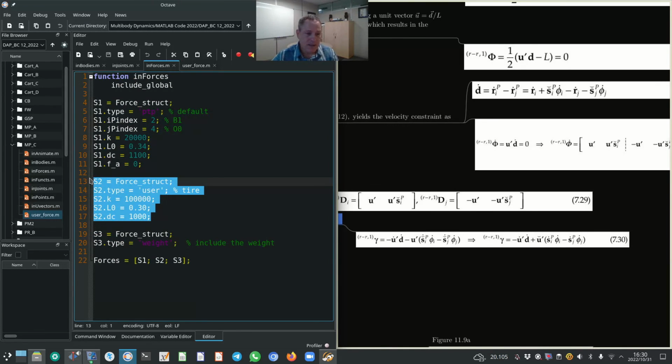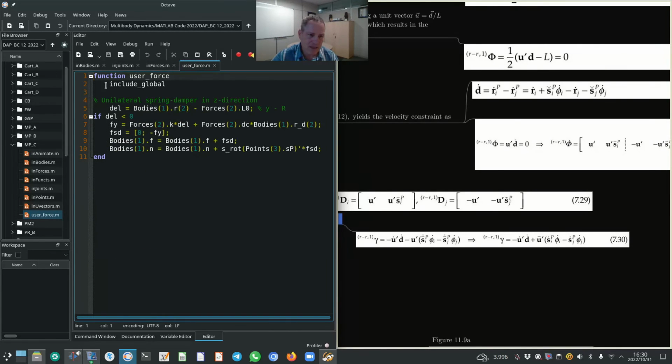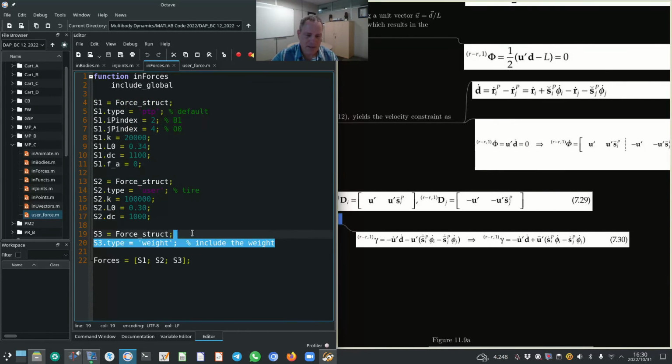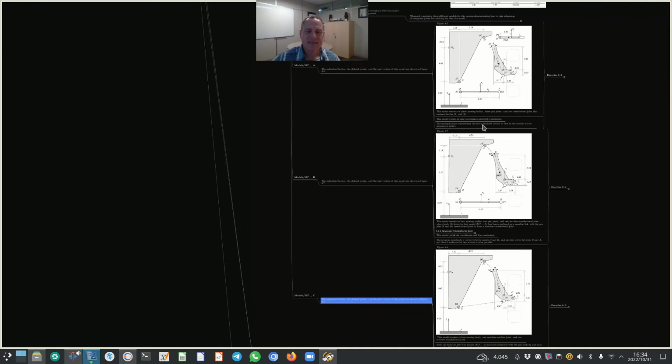This user force is the logical spring damper force that is applied to the tire. So once again, user force looks exactly the same as before, nothing new there, and then obviously also weight is applied.